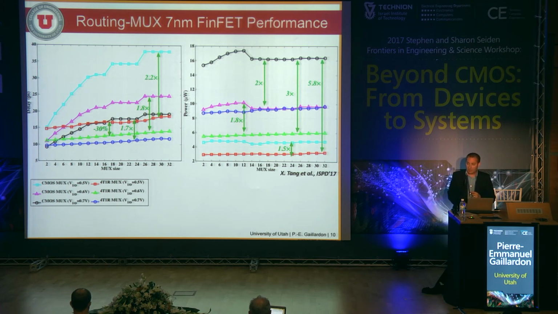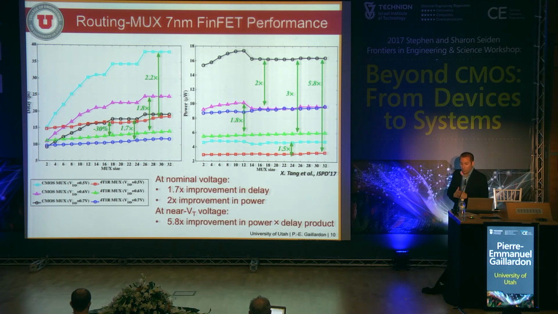What we can see is that at nominal voltage, we do get the performance benefit I told you at the beginning: 1.7x improvement in delay, 2x improvement in power. But more importantly, when we start going into the near-VT domain, we get a 5.8x improvement in power-delay product. So the general idea is that RRAM-based routing MUX are good to operate in the near-VT regime.